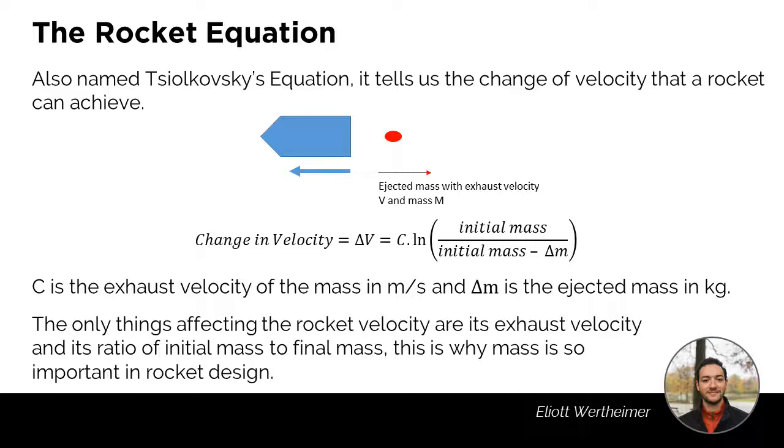So the only things that affect the rocket velocity are its exhaust velocity, or how fast it throws material out its back, and its ratio of initial mass to final mass, or basically how much fuel it has burned and ejected at the back. And this is why mass is so important in rocket design.